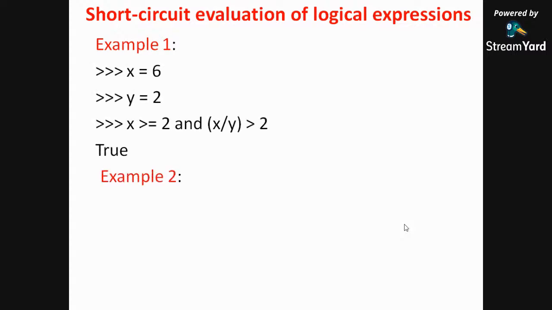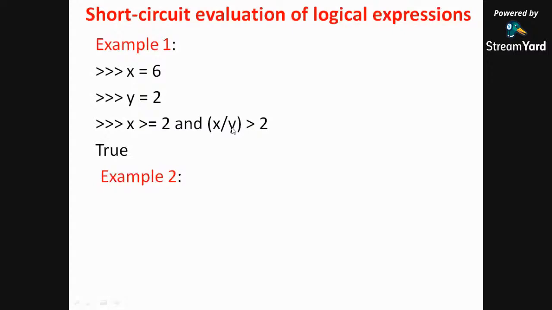Now just see the code here. I have a variable x containing the value 6, and y I am assigning 2. Then I have an expression: x greater than or equal to 2 and x by y greater than 2. What is the value of this? Because this is a logical expression, it prints either true or false. x greater than or equal to 2, 6 greater than or equal to 2, yes, true.